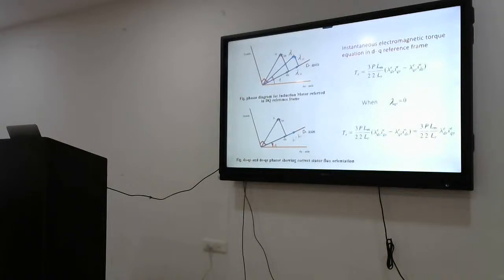If the reference person is sitting on the same frame as the A person, what is the speed? 0. If both are in phase, the relative motion between these two is 0. It looks like DC. That is what we discussed before the lunch break.